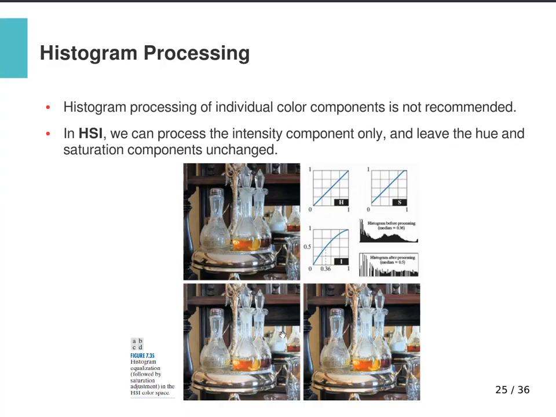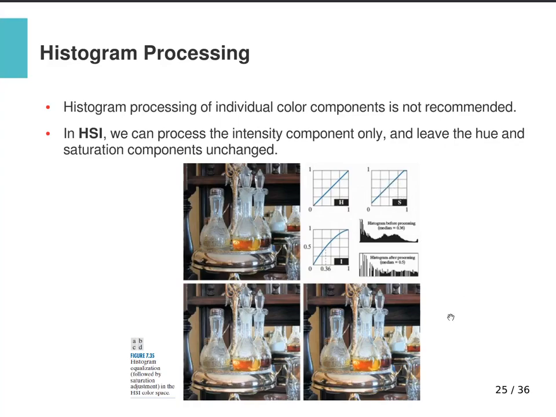As you can see, the contrast of the image is generally improved. But as discussed in the book, only processing the intensity component causes the colors to be a little bit less saturated. So what can be done later is to slightly modify the amount of saturation, as is shown by this transformation function, to make the colors more vibrant.